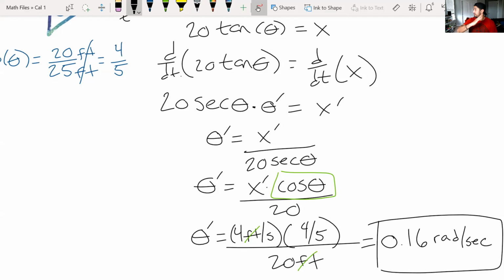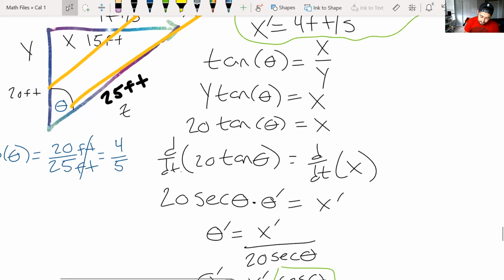That is the rate that our flashlight, or searchlight, is rotating at.